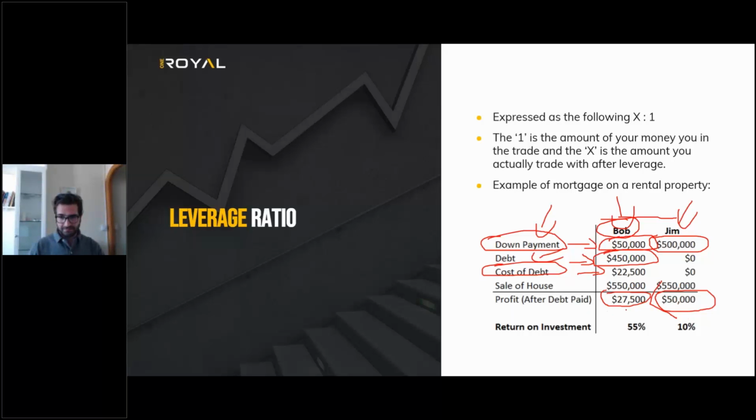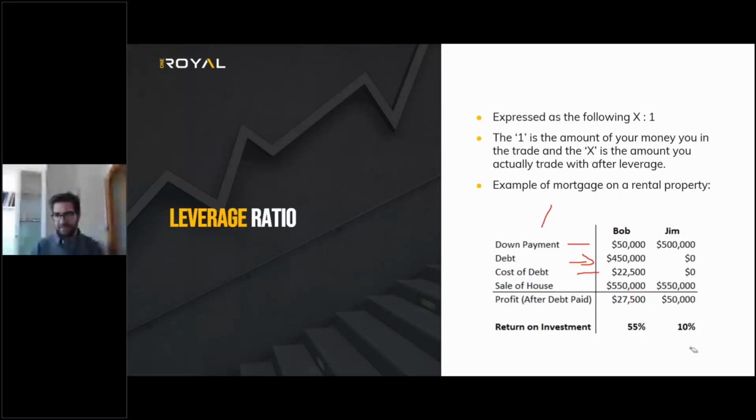However, if we calculate the return on investment, which is more important than the dollar amount, we can see that Bob did around 55%, which is bigger than 10%. How did I come up with 55%?